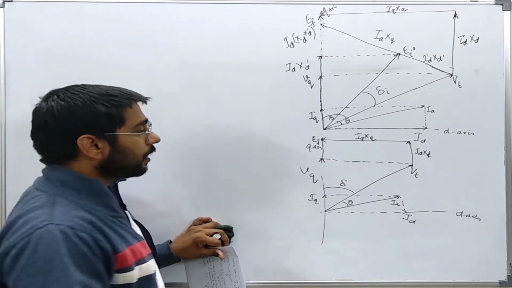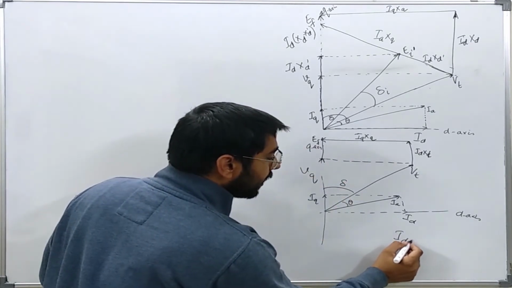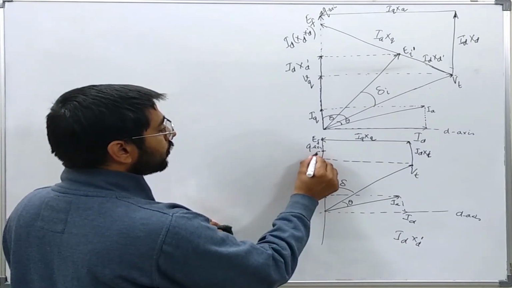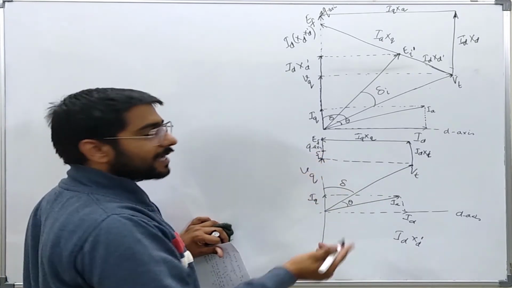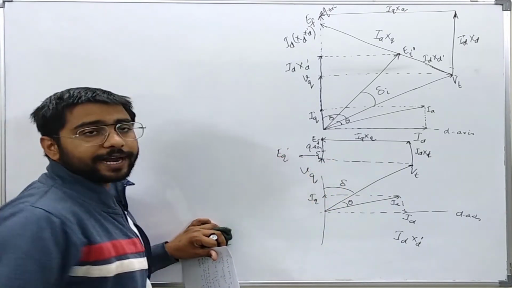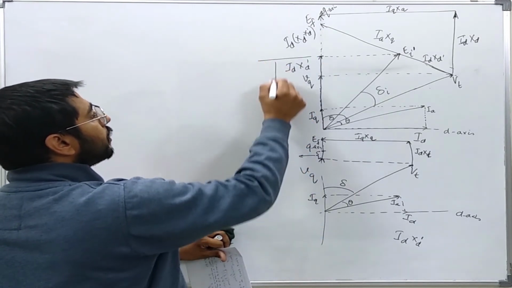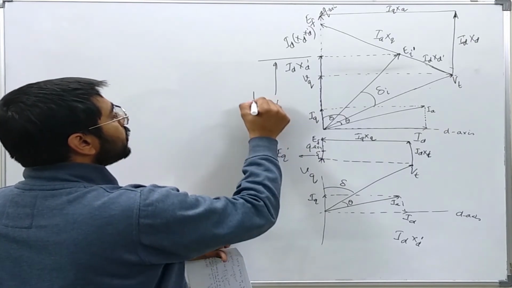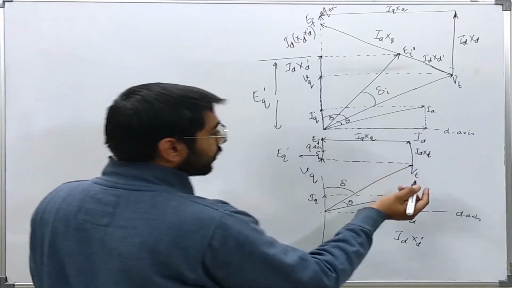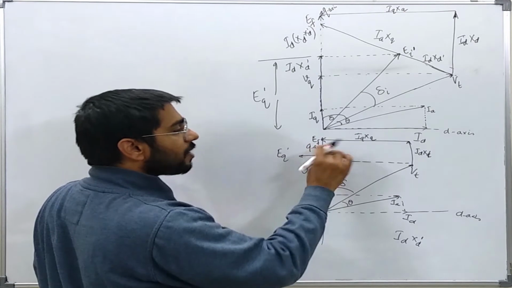Now I will take a portion equal to ID XD dash. Let us say it is like this here. So VQ plus ID XD dash will be simply EQ dash, which we have derived in our previous slide. So this quantity is EQ prime.